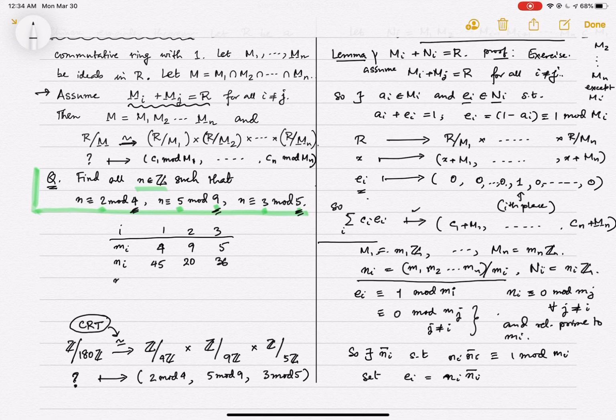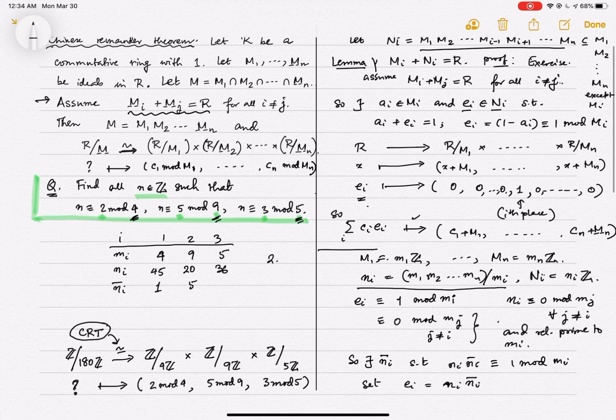What about n_i bar? Now to find the inverse of 45 mod 4. So 45 is 1 mod 4. 1 is the inverse of 1. 20 is 2 mod 9. So the inverse of 2 mod 9 is 5, because 5 times 2 is 10, which is 1 mod 9.